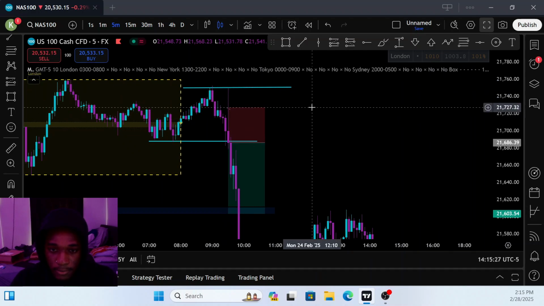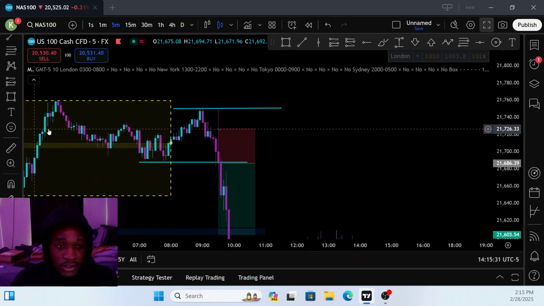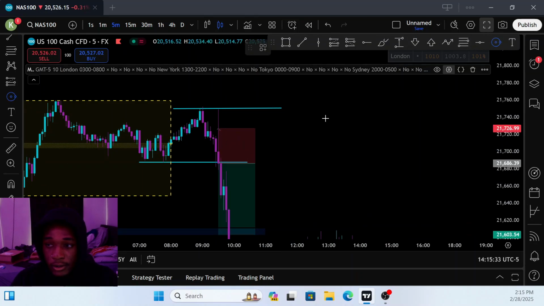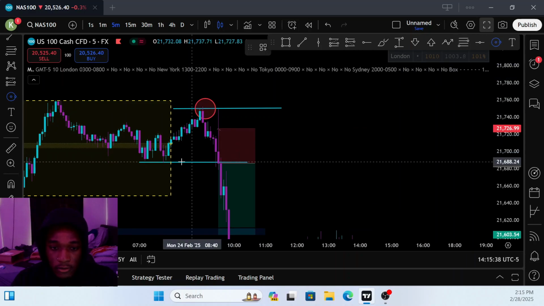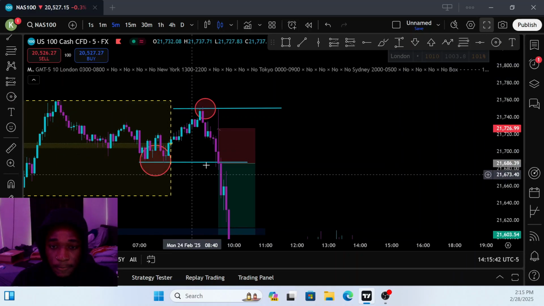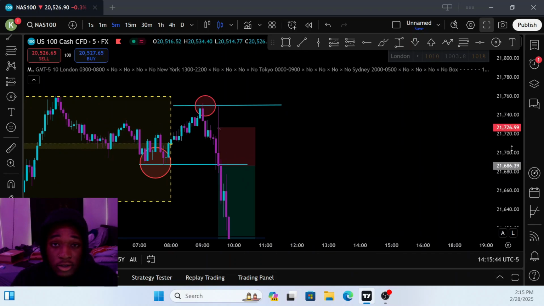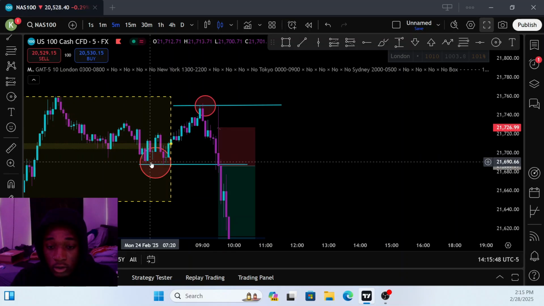So basically, what I saw when I came into the market was that we had a high right here. We'll just mark it out for you guys. We obviously have a high right here, and we have previous lows right around here. I call the highs resistance, and I call the lows support.